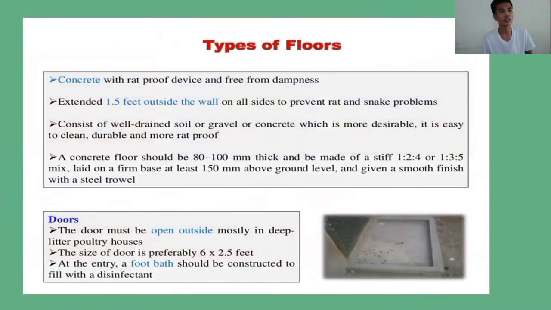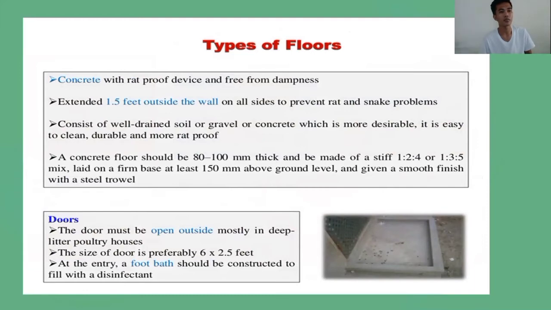Types of floors. Concrete floors, with rot-proof device and free from dampness, extended 0.5 to 1 feet outside the wall on all sides to prevent rot and snake problems. Consists of well-drained soil or gravel, or concrete, which is more desirable. It is easy to clean, durable, and more rat-proof.